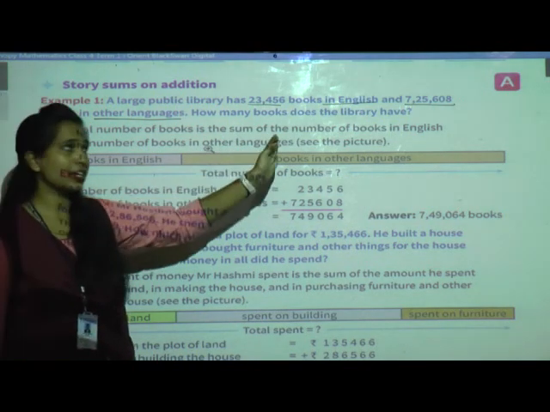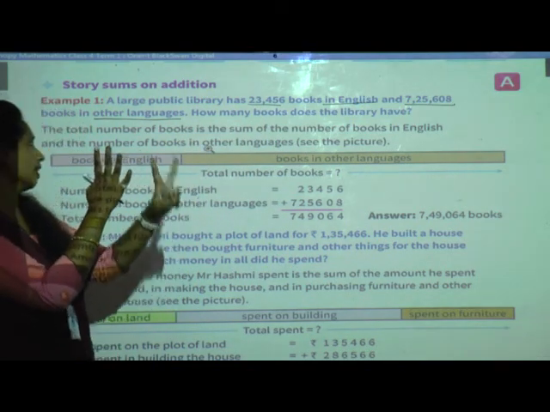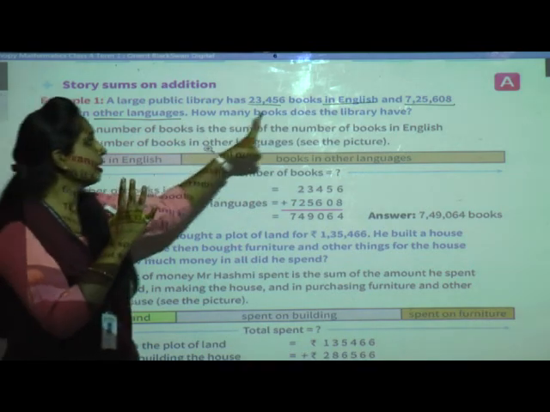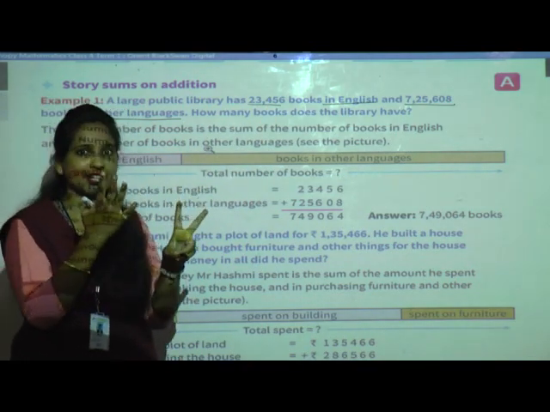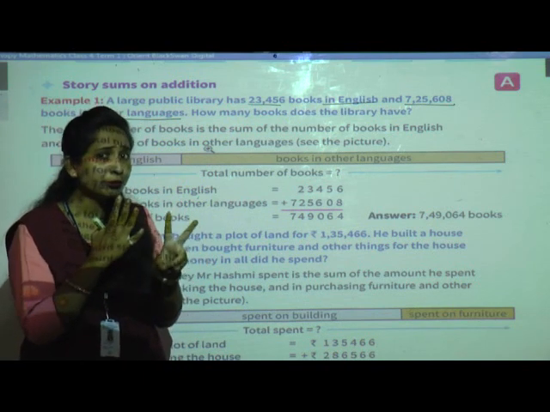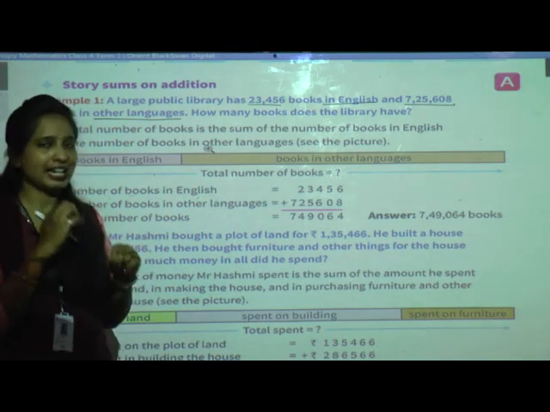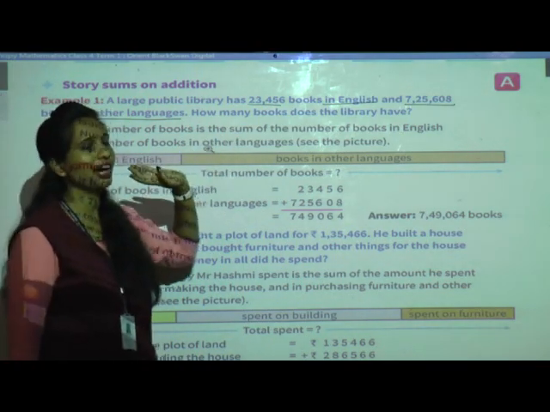So just imagine, for example, 2 books are in English and 4 books are in other language. So how many books does the library have? Automatically you are saying 6. What did you do to get the answer? Yes, you have done the addition. So in the same way here also we have to do the addition.